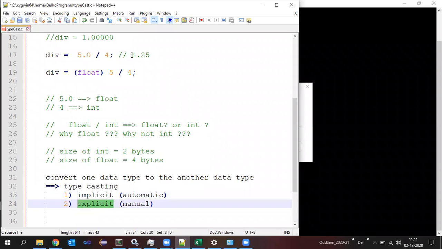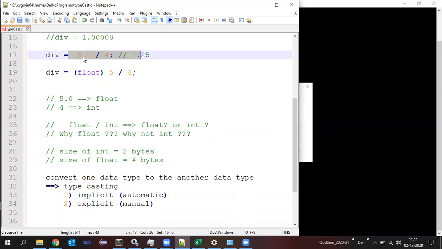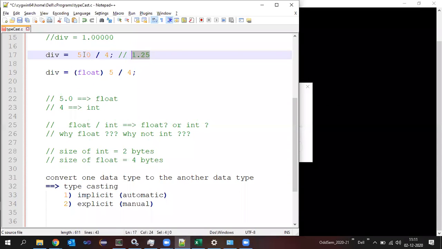The example for implicit is this one, wherein we are not telling anything to the compiler to convert it, but the compiler intelligently converts one data type to another in order not to lose the data. It is retaining all the data.